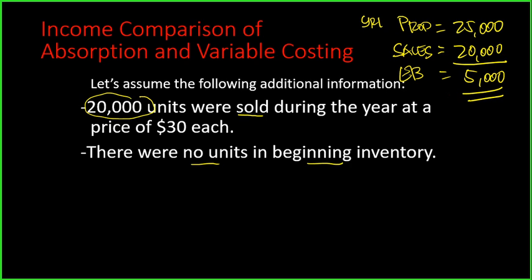Let's compute for the net income. What will be the net income under absorption costing and under variable costing? Let's start with the absorption costing. Absorption costing net income.